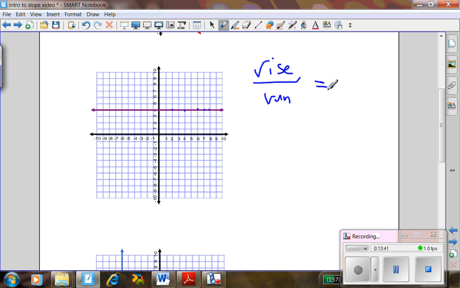I rise nothing, and then I run. I could run 1 or I could run 2. It doesn't matter. Every time I run, I'm going to hit a point on that line because I'm not going up and I'm not going down. So 0 divided by any number is what? Hopefully you're answering 0 right now.